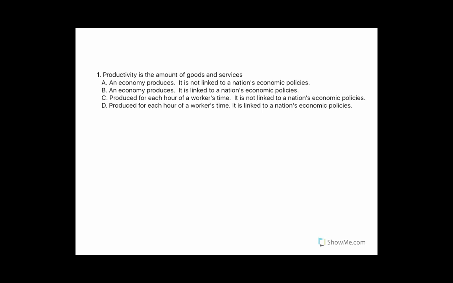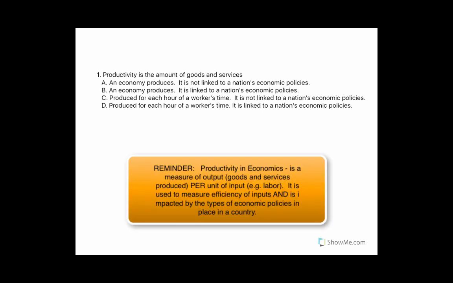Okay, so productivity, the first question says productivity is the amount of goods and services, and it has a couple options here. The first one says that an economy produces. Right, so that's not true because productivity isn't about the total amount. It's how efficiently they produce things. So the amount an individual worker produces per hour, right? So that's going to be one of these two then, correct?